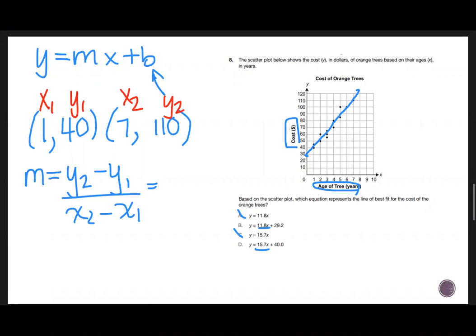So now we're just substituting in: y2 is 110, y1 is 40, x2 is 7, x1 is 1. Simplifying that down, we get approximately 11.7. So that means that our answer is 11.8x plus 29.2.